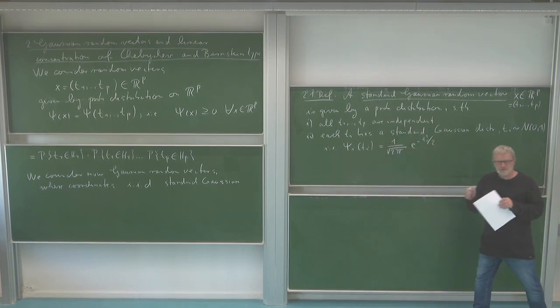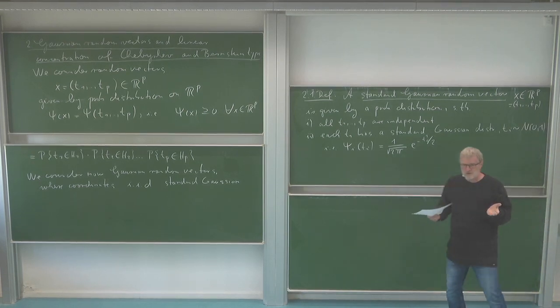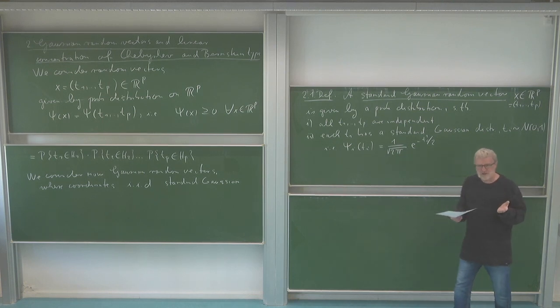That was the density of the Gauss in one dimension. Good, and now if I want to write down the density for my vector, because the coordinates are independent, I just have to multiply all those guys.